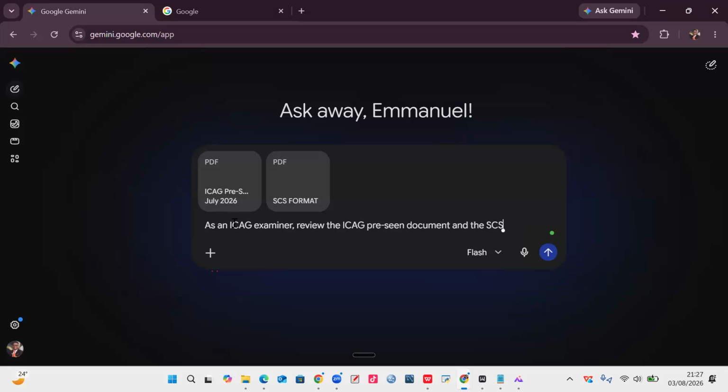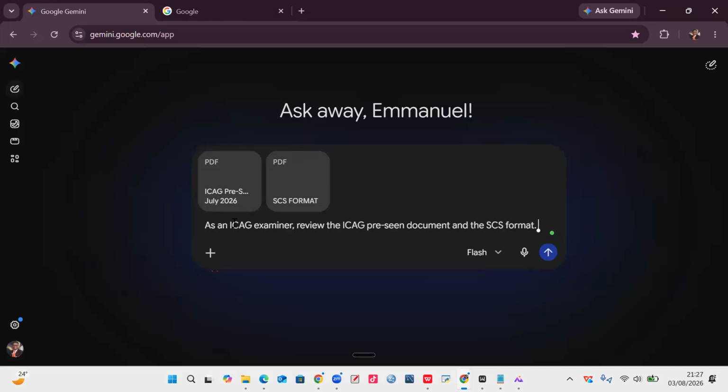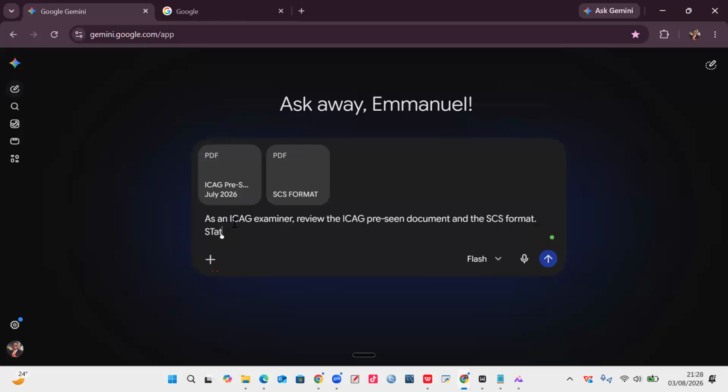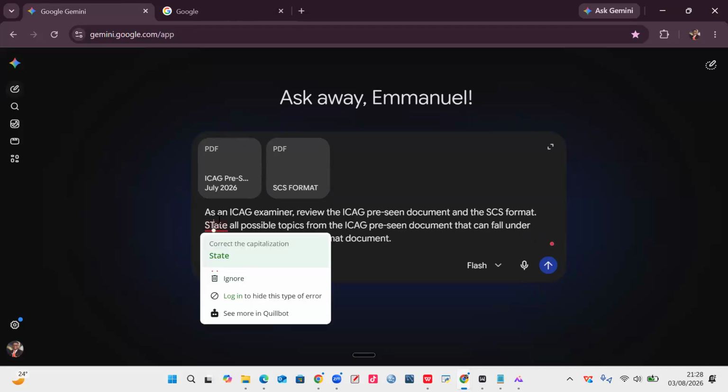I'm telling the AI to examine both documents and state all possible questions, that is, all possible areas or topics from the ICAG pre-seen documents that can fall under each question in the SCS format document.